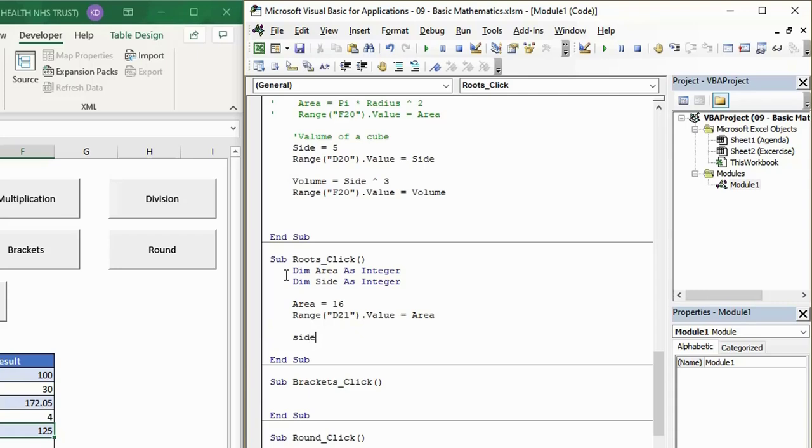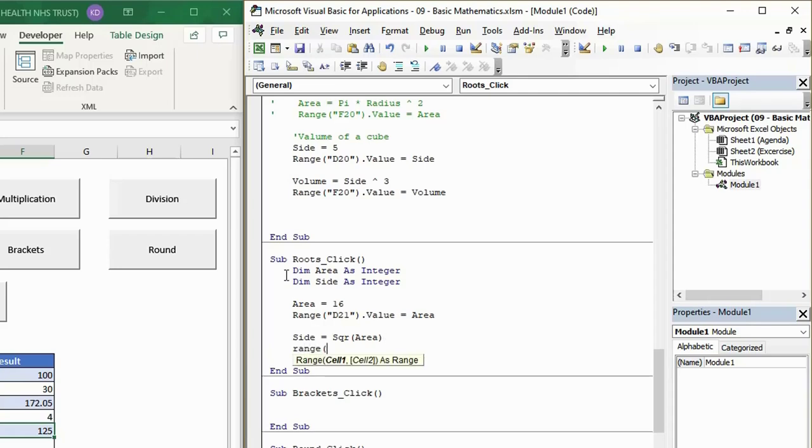We calculate the side by using a built-in Excel function called square root. If you type in SQR and brackets open, you can put any number in and calculate the square root of that number. In our case, we're going to put in a variable which holds the value 16.